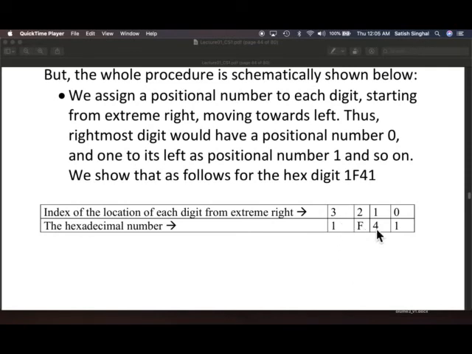Notice 1F41: the position number for the rightmost digit, 1, is considered 0. We go right to left, sorry. For 4, it's 1. For F, it's 2. And for 1, it's 3. Don't get confused between 1 and 3. These are their index of location, or position numbers.